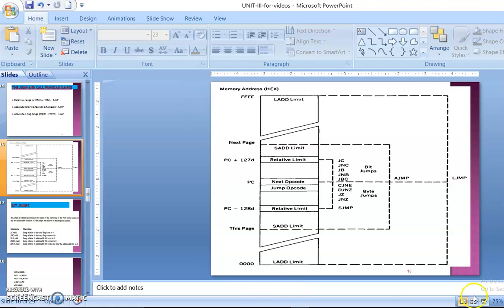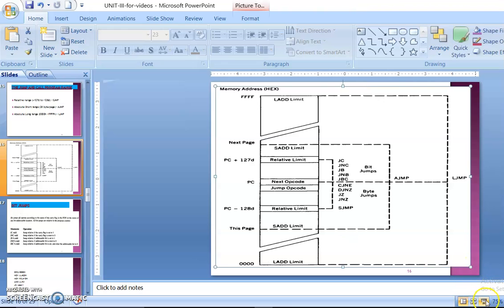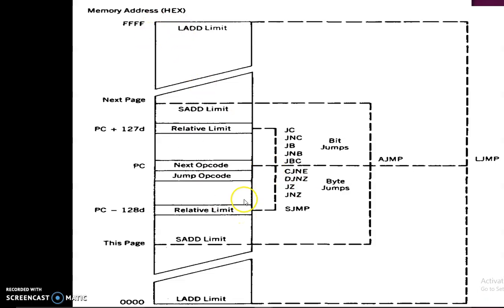Look at this diagram, it is showing memory locations. Total memory is 64 KB, that's why the addresses go up to FFFFH. Now you are going to write a program, and then you will store that program in this memory.